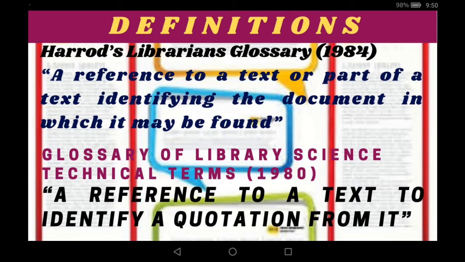So this citation is basically a reference through which we can know about the source from which the citation or reference has been taken. Similarly, the Glossary of Library Science Technical Terms, 1980, defines citation as a reference to a text to identify a quotation from it.